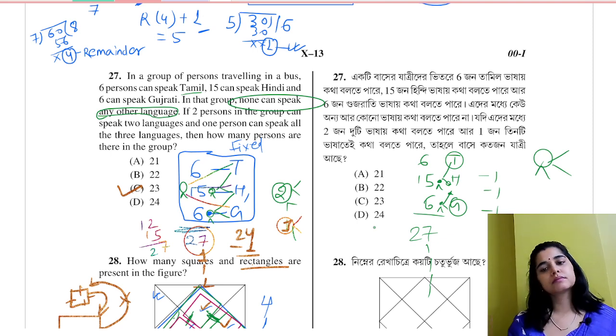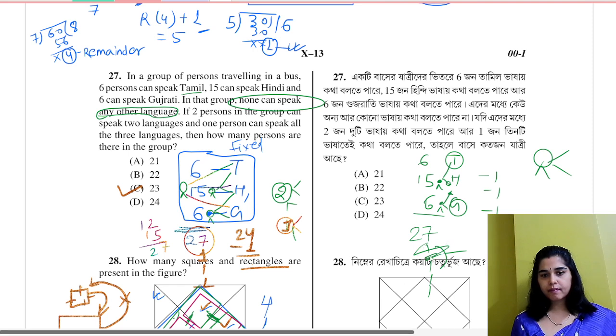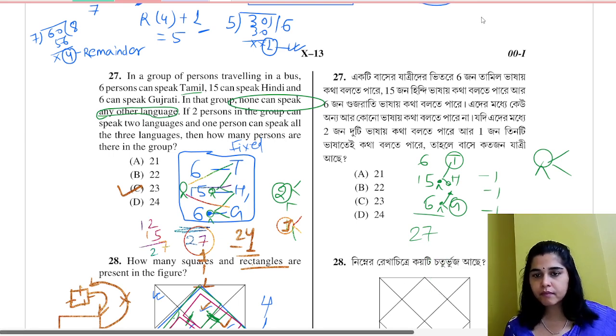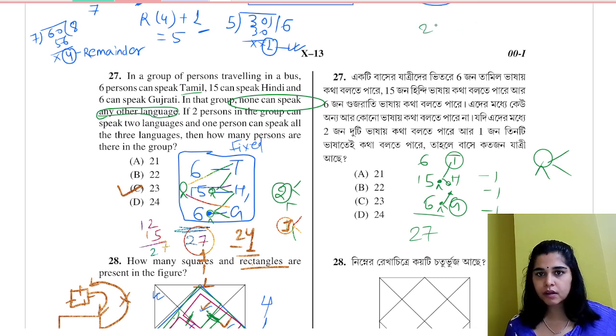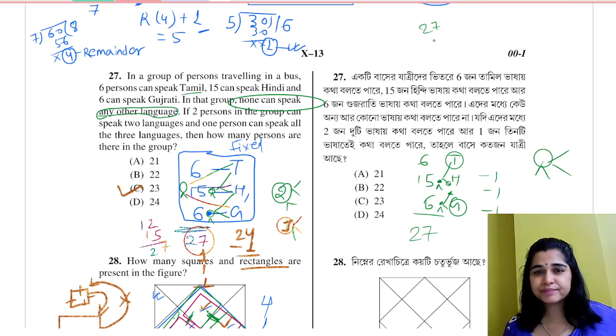Yes, that's why we cut it by 2. Okay. 27, and no person can speak any other languages.